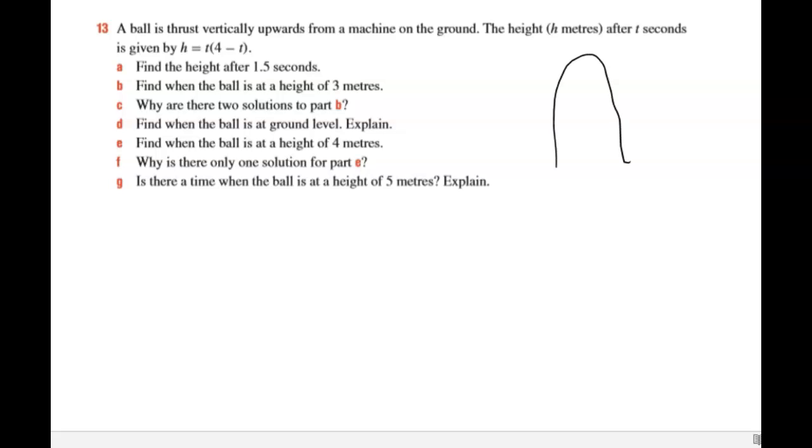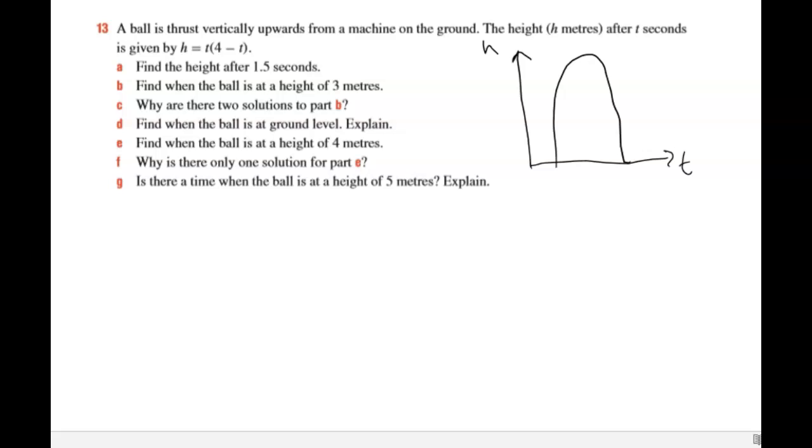So if you think of this being time and this being your height of your ball, it's always going to go up and then come back down. So you can see h, your height of the ball, and t over time.